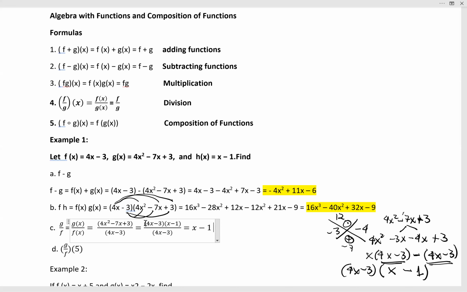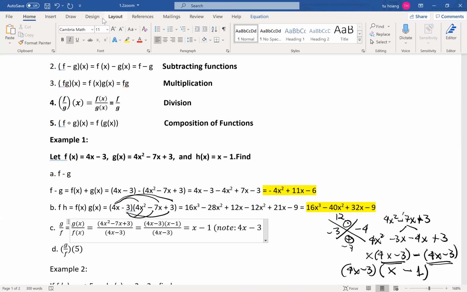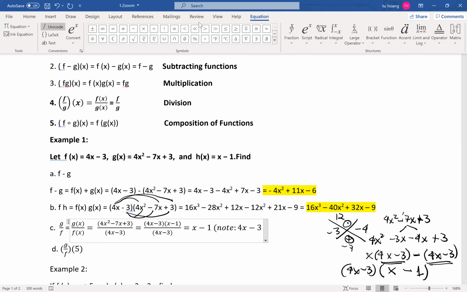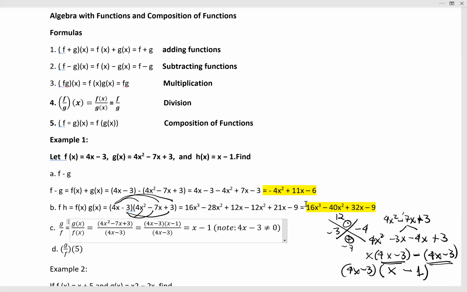Okay, and note that 4x minus 3 cannot be equal to 0. Okay, so let me write it not as an equation, I'm using the symbol, so not equal to 0. Okay, so what does that mean?